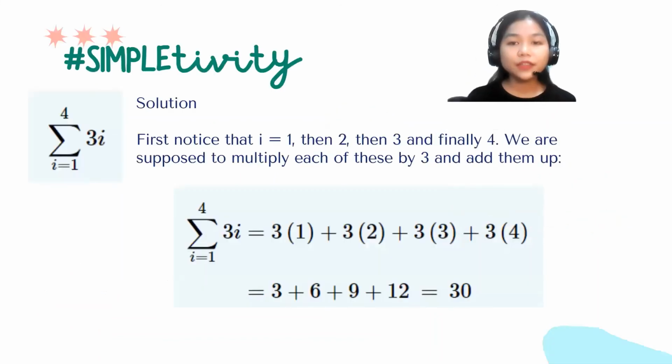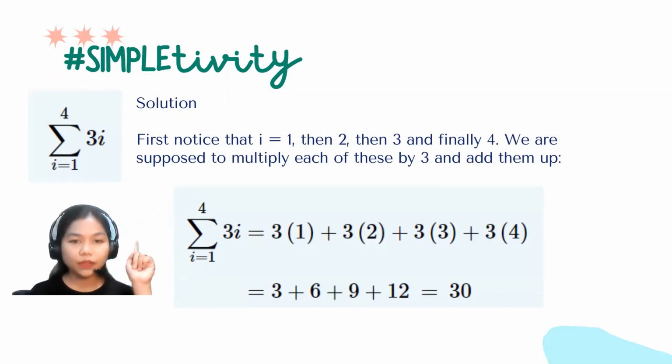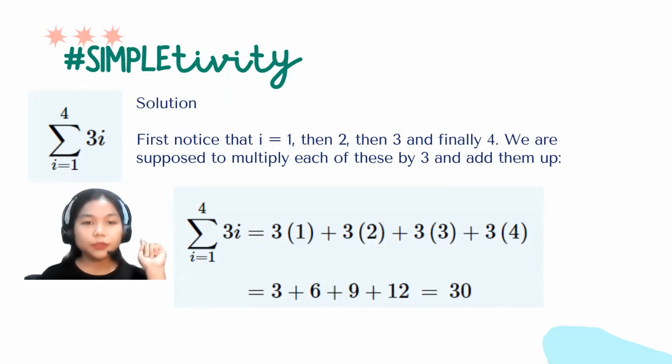So let's try another simple TVT. I call this hashtag simple TVT. Try answering the summation notation found on top. The summation of 3i, we're not using x anymore. So much for the x, no? Let's proceed with values: summation of 3i from i equals 1 to 4.